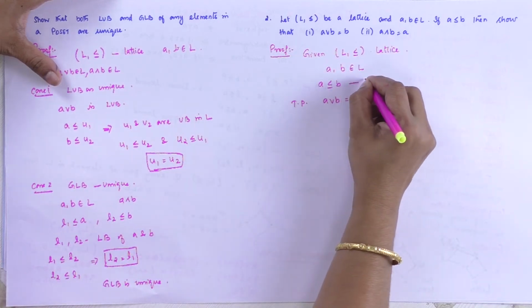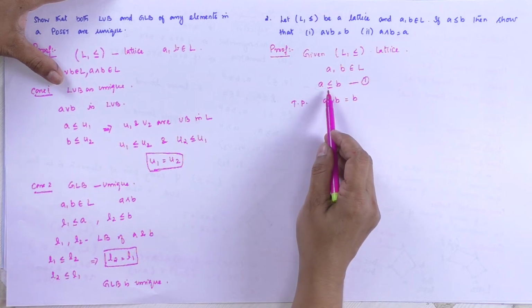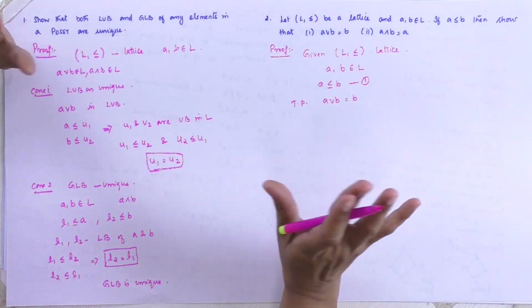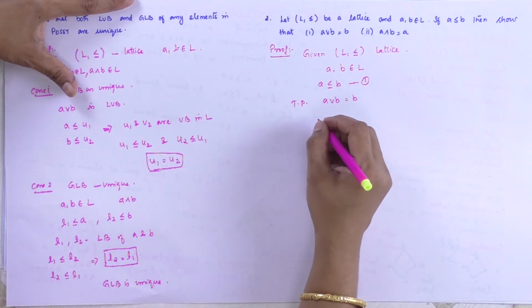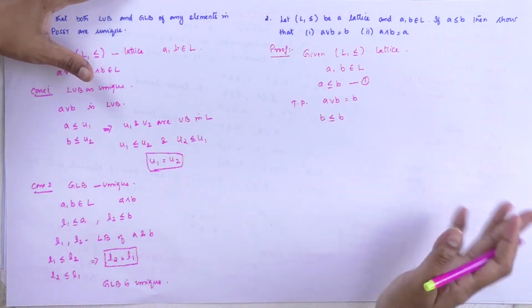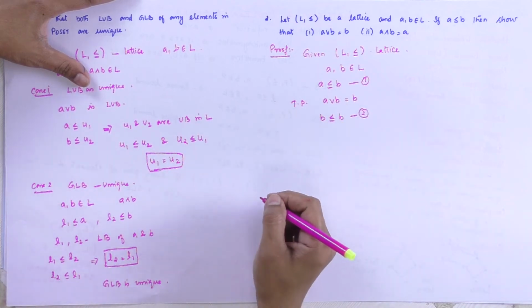Now, I can mark this as 1. Again, this less than or equal to does not mean that it is exactly less than or equal to; it is some relation, we are just comparing, unless otherwise specified. I can also say that an element can be compared to itself, B is less than or equal to B, mark it 2.